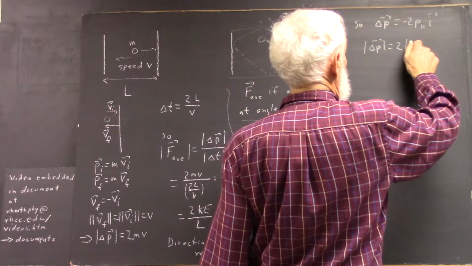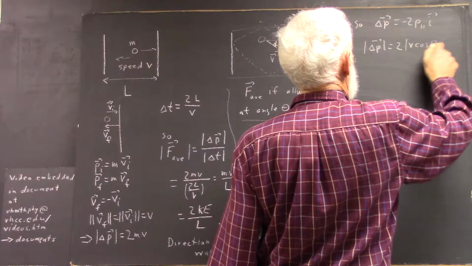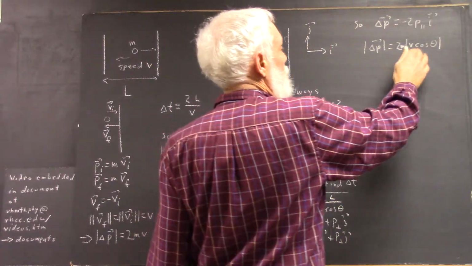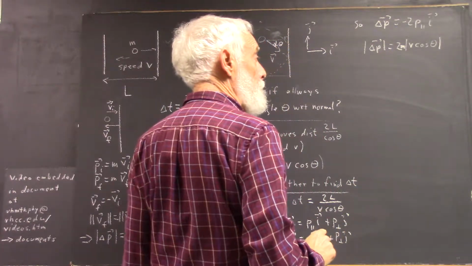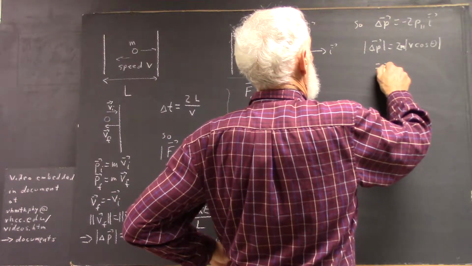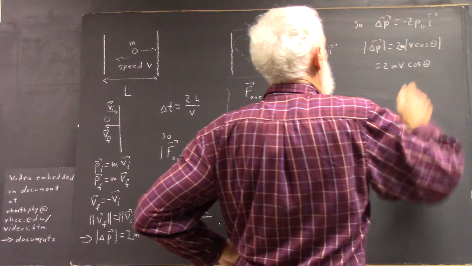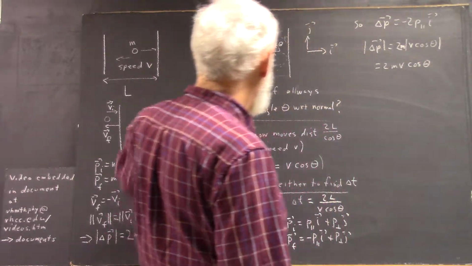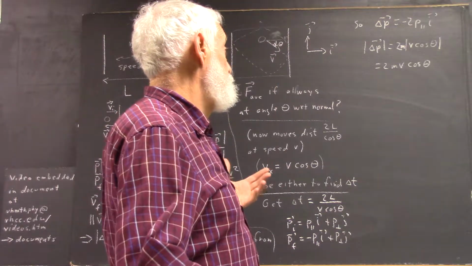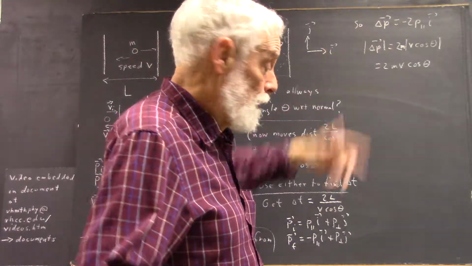And p parallel, of course, is, and I left out my mass, I'm going to have to sneak it in here, 2 times the mass times the magnitude of the velocity. Okay? And that is just 2mv cosine theta, because the angle between here and here is always between negative 90 degrees and positive 90 degrees.